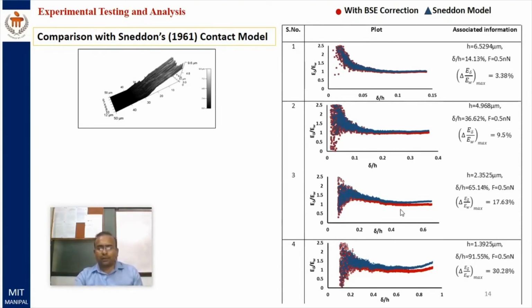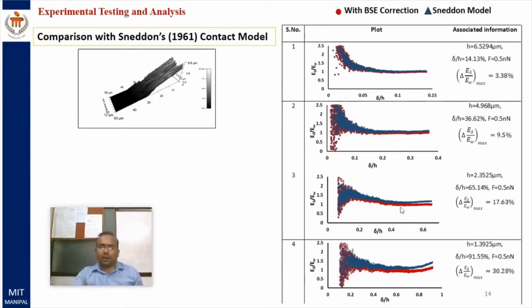From this set of plots, we can see that both Snellen's and the present contact model are showing good agreement at lower nominal strain values. As this delta by H is increasing, the properties extracted using Snellen's equation are diverging from the straight line path and moving upwards, indicating overestimation of the properties.